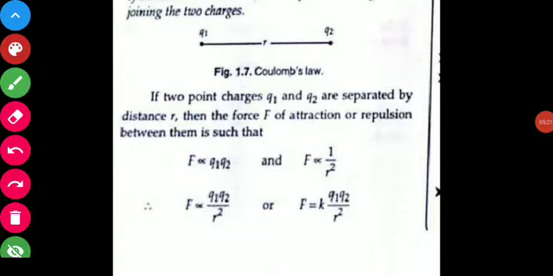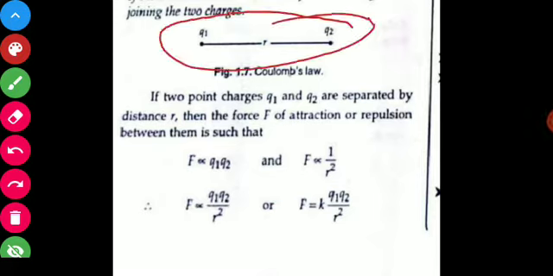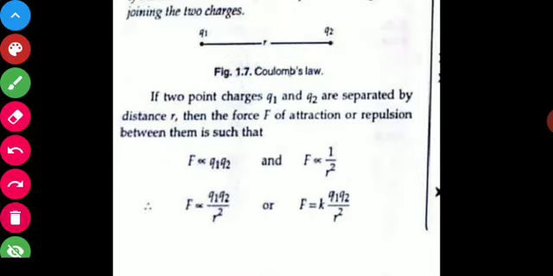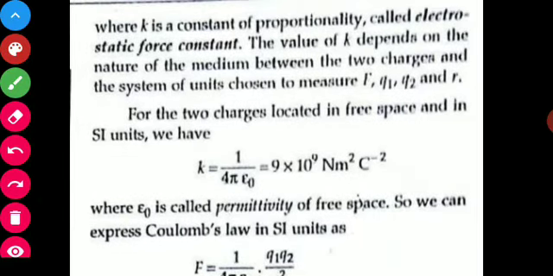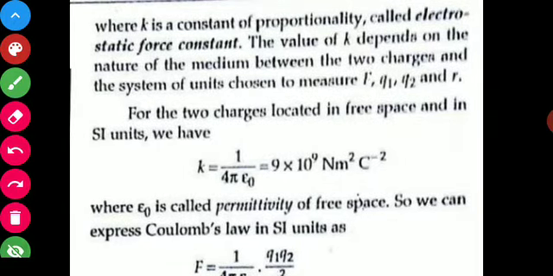If Q1, Q2 are the charges, then k will depend upon the property of the space between them. So basically, the value of k in free space is given by k is equal to 1 upon 4 pi epsilon naught. This is the value of k in free space.